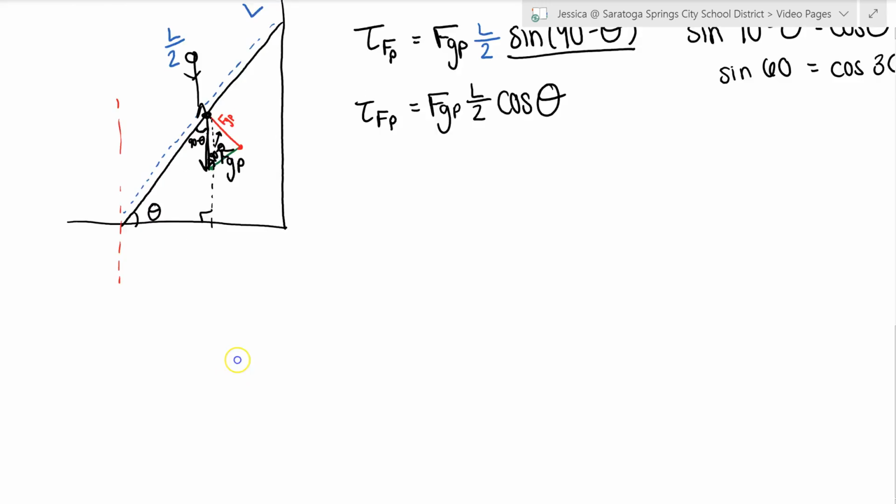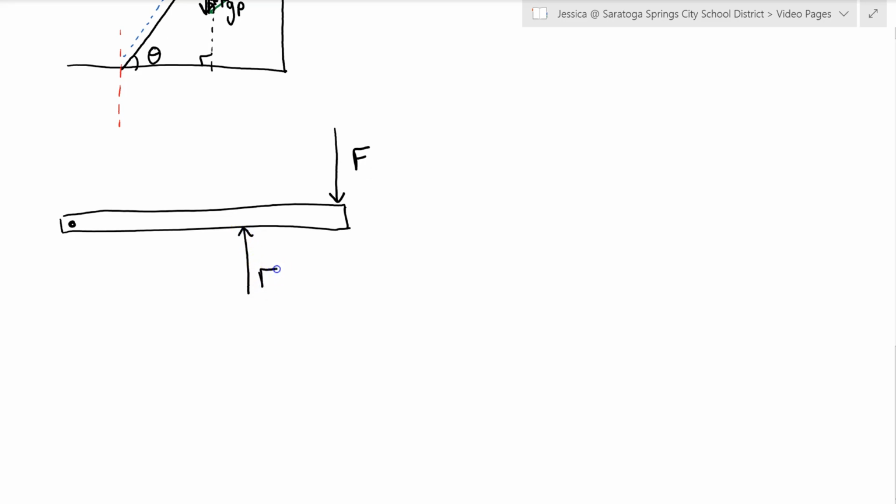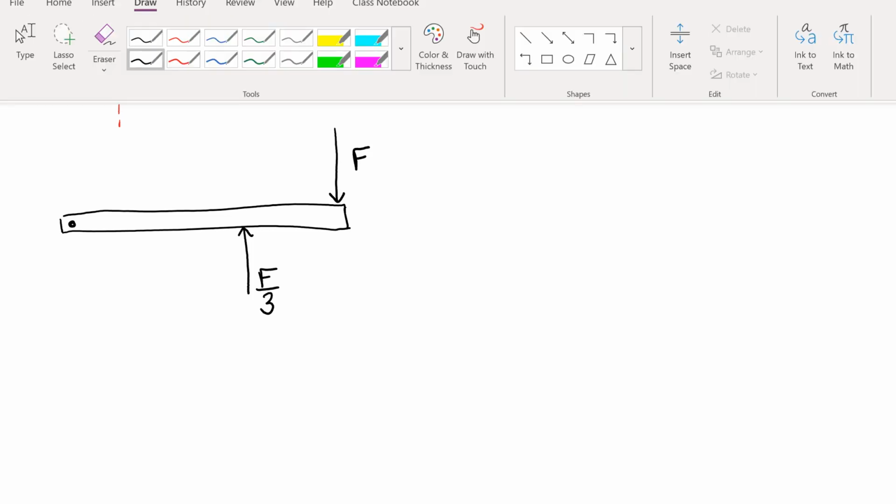The other thing to remember with torque is, of course, that we don't always have just one torque. So let's go back to our bar example. We might have a force F getting applied here. We might have a force F over 3 getting applied there.